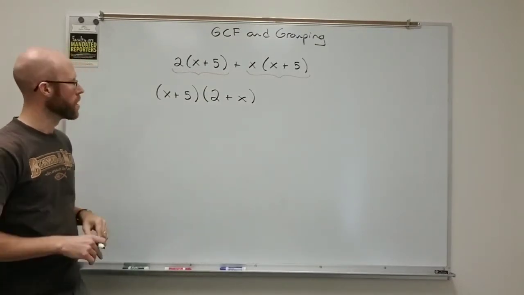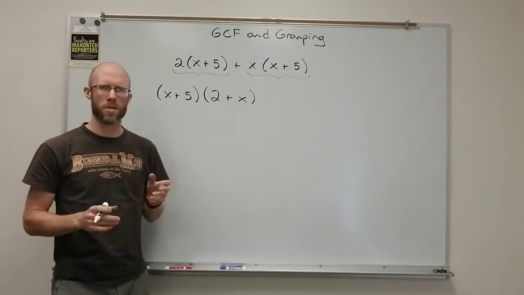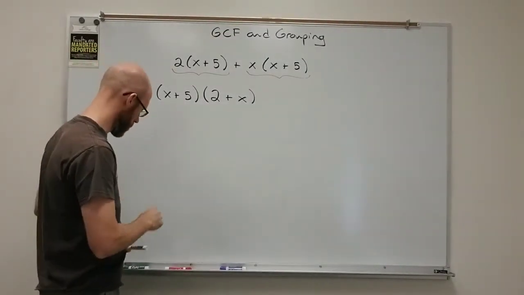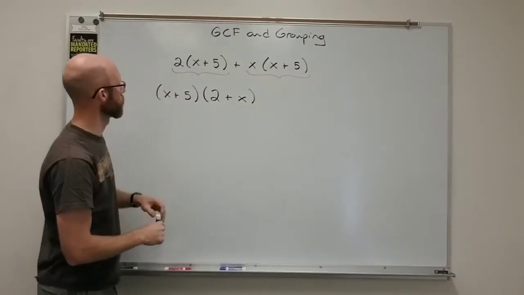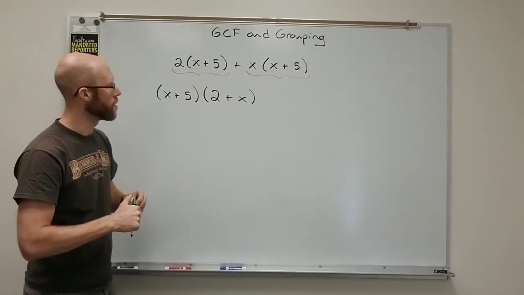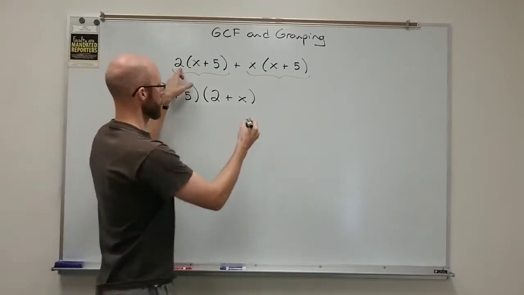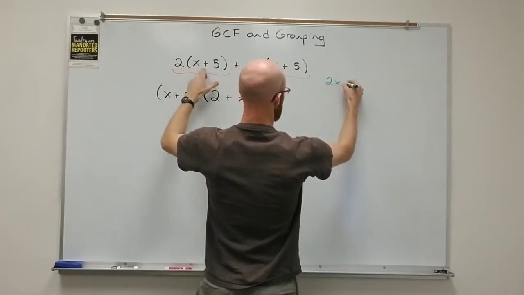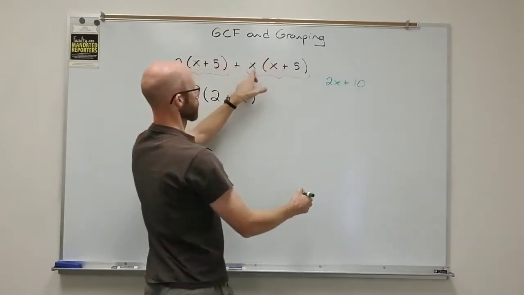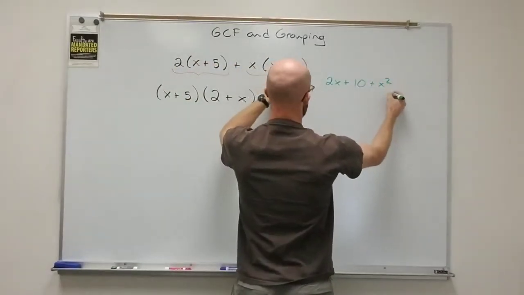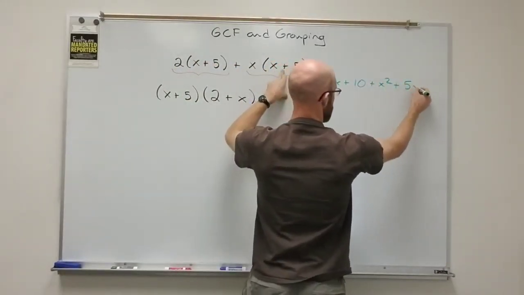Okay, but now think about this for just a moment. Let's look at what happens if I were to distribute the x and the 2. Here I would have 2x plus 10, and over here I would have x squared plus 5x.